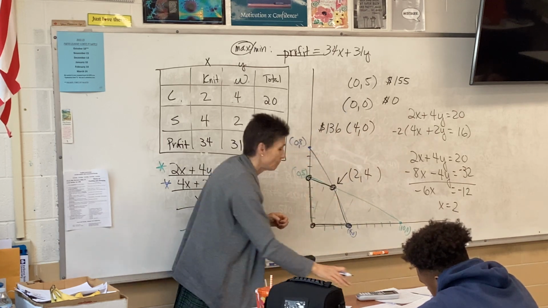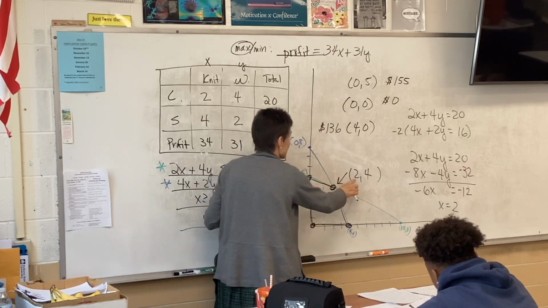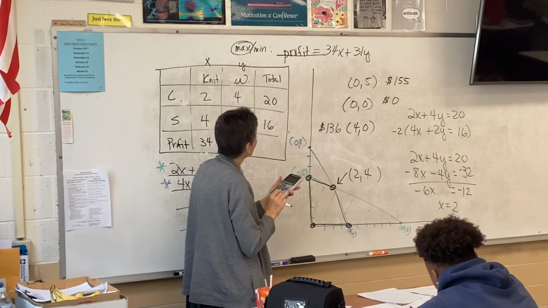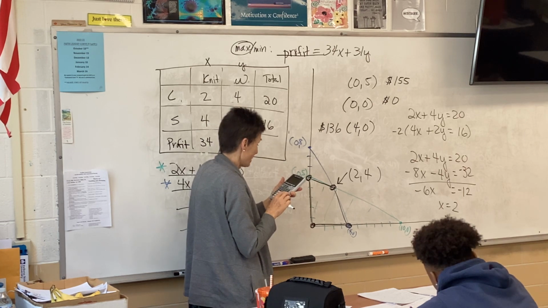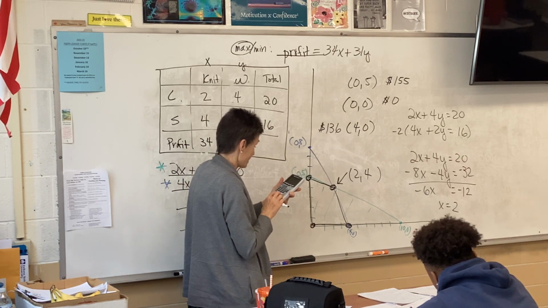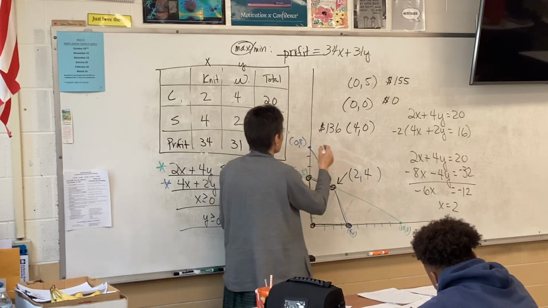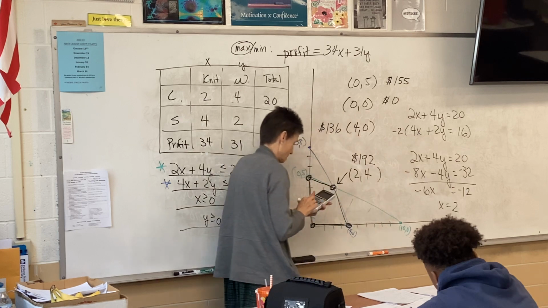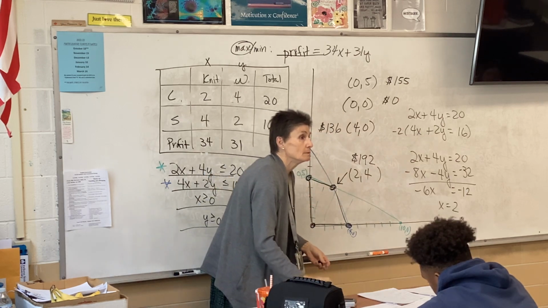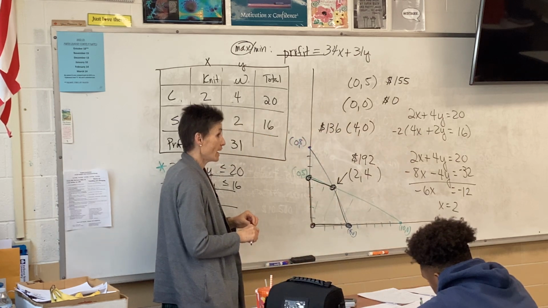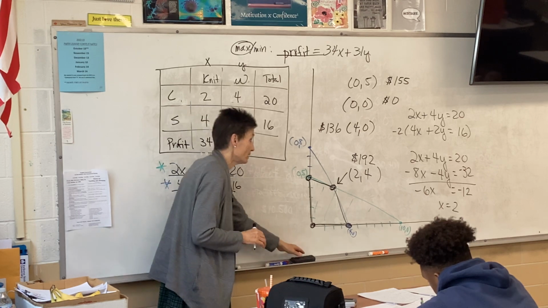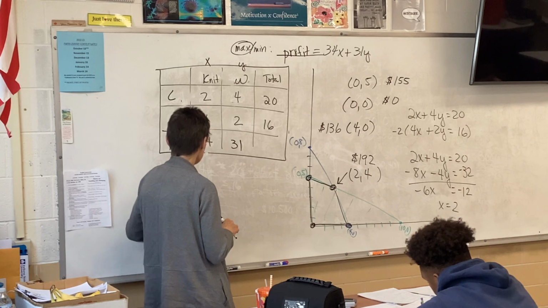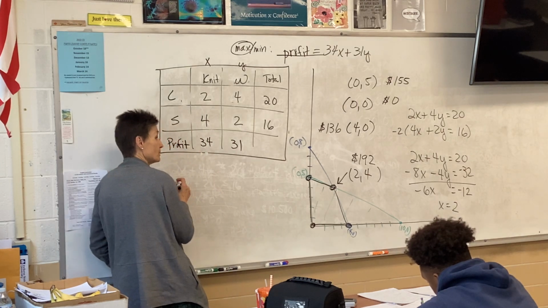And then 2, 4, remember, this is X and Y. So 34 times 2 plus 31 times 4, 192 for this one. Okay, so now we write our conclusion. Remember, you were trying to maximize profit, so what's your conclusion?